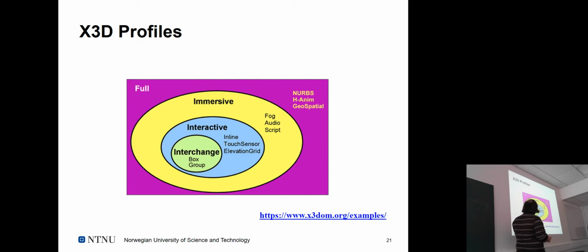And then we have the full support, the full package with super powerful capabilities. You can have geospatial information, so you can use it for GIS. You have human interaction and animation. You have NURBS, which are like splines.